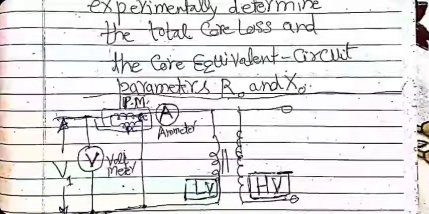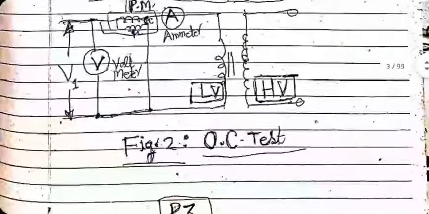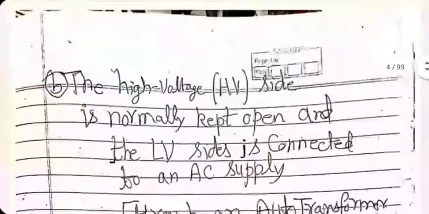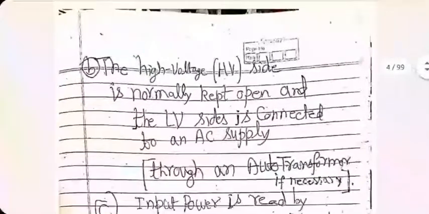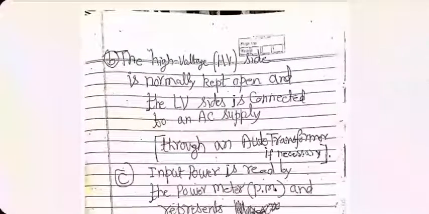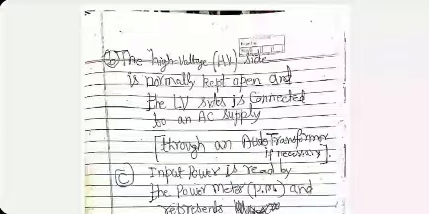You can also measure voltage and current in the LV winding, including phase shift, by using AC meters. And try to figure out the values of the equivalent circuit parameters for the core, R0 and X0, core loss resistance and core magnetizing reactance.